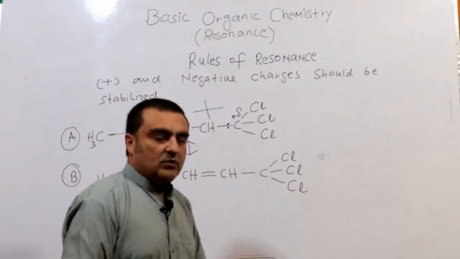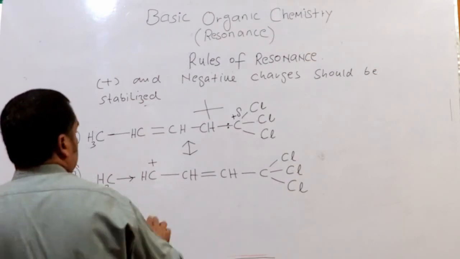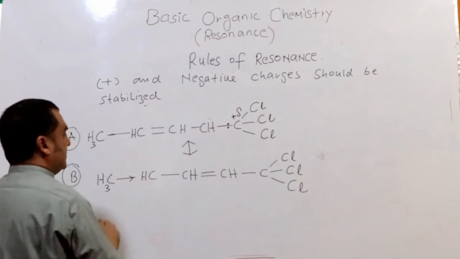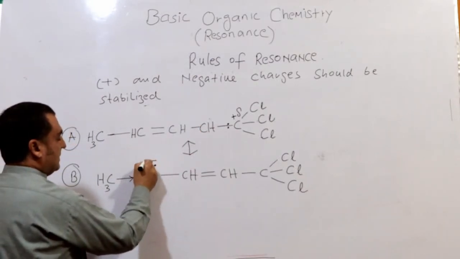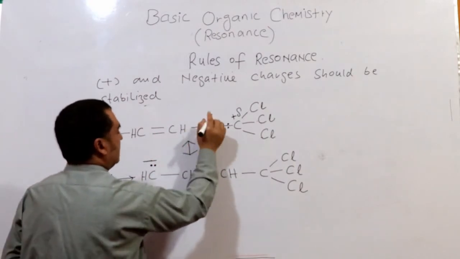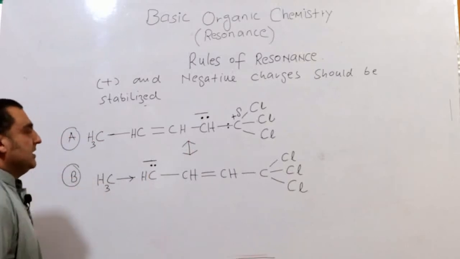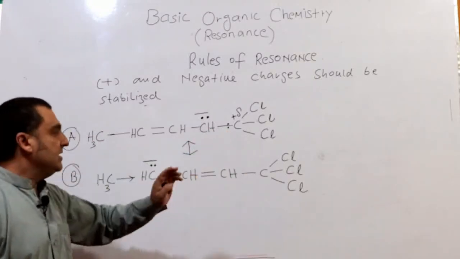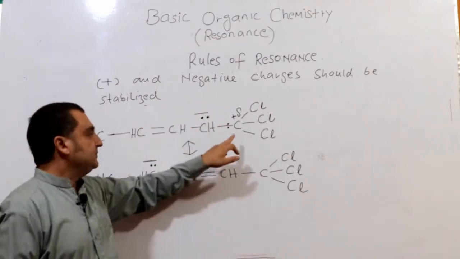Now what if we had some negative charges on those structures, a negative here and a negative here? Which one will be more stabilized? These are just a bond pair, or electrons which form the bond.